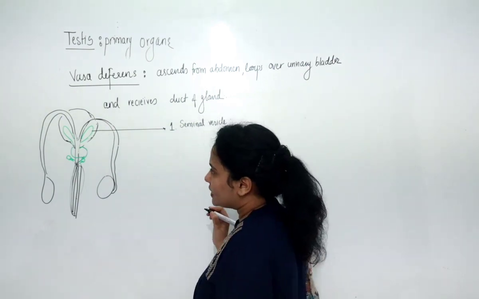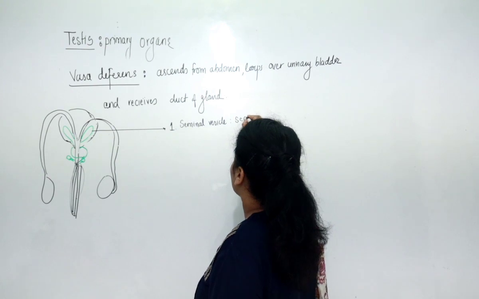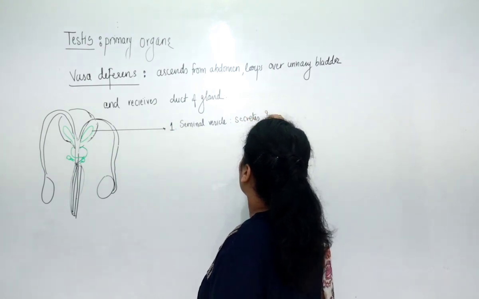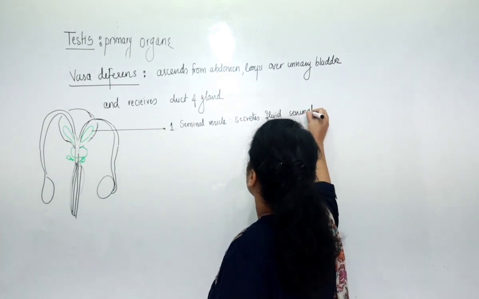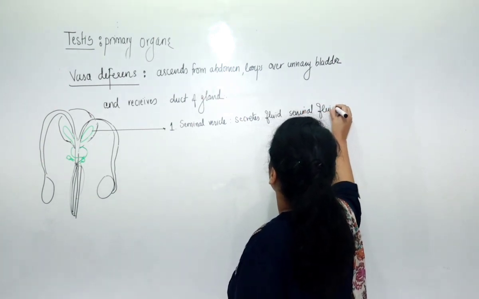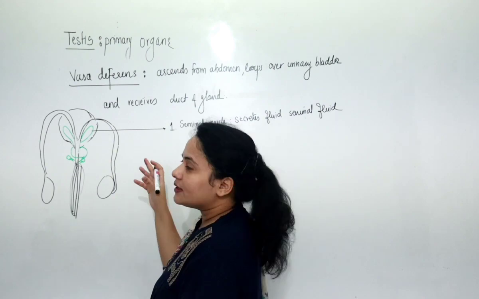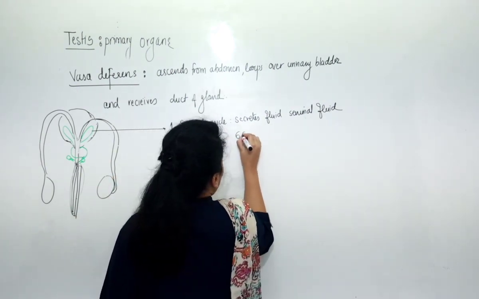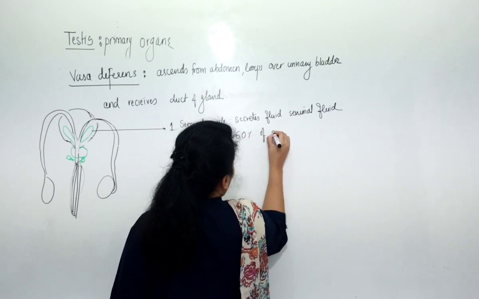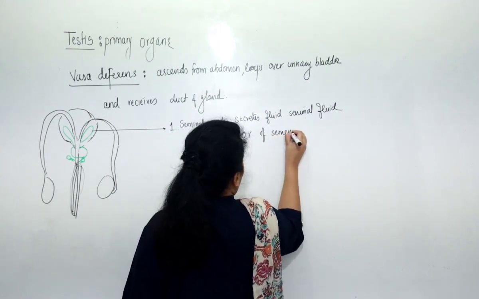And this seminal vesicle secretes a fluid called seminal plasma or seminal fluid. Okay, so it secretes seminal fluid that forms 60% of semen.